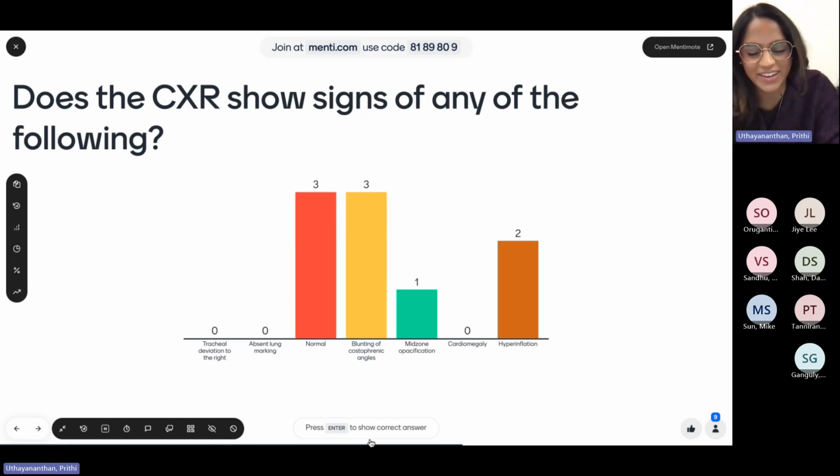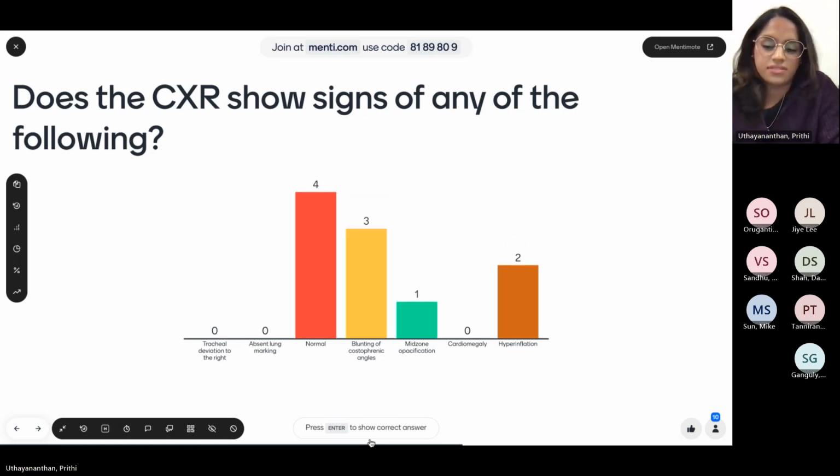The mid-zone opacification is just the hilar. That is probably what's throwing you off.